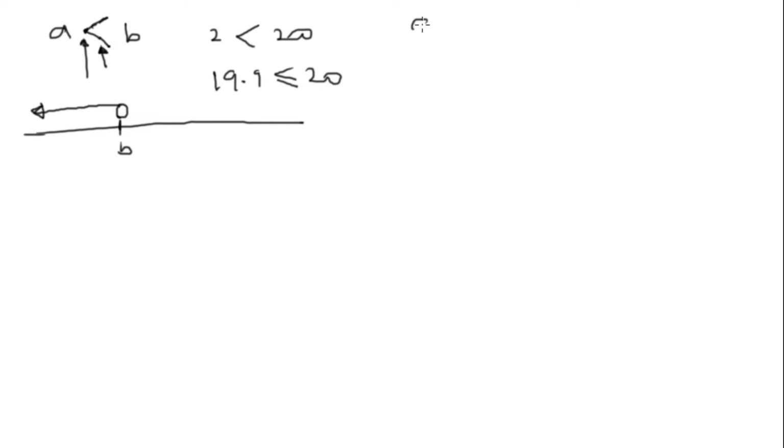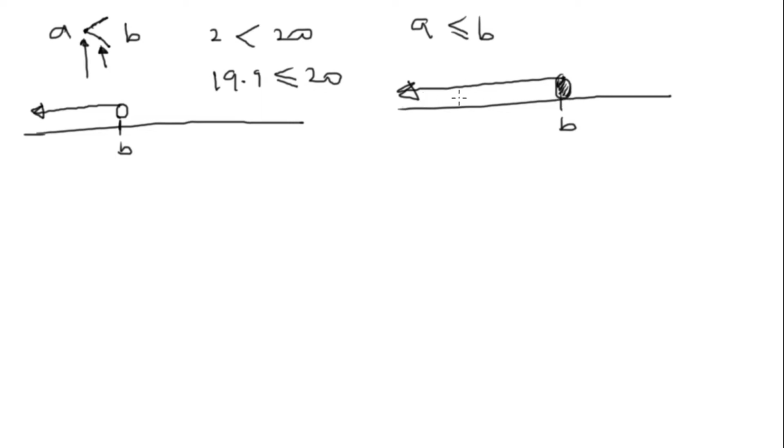If we have A less than or equal to B, we'll have B, then the circle. The difference is that the circle will be shaded, which indicates that B is also part of the region.